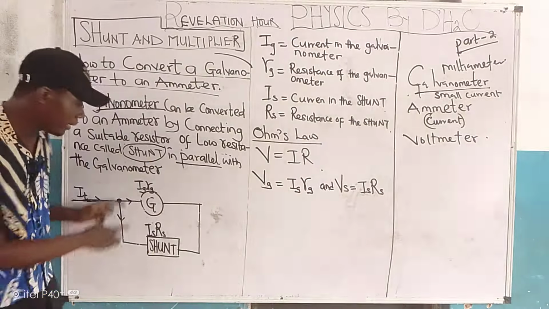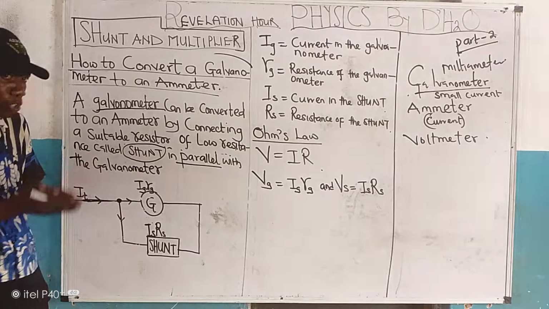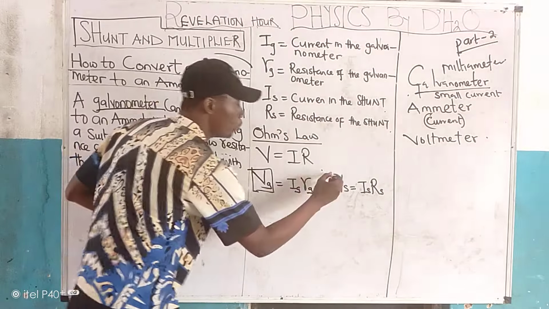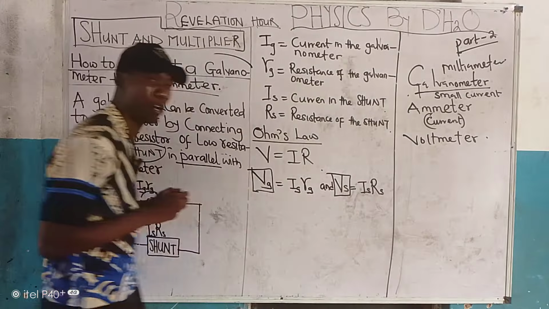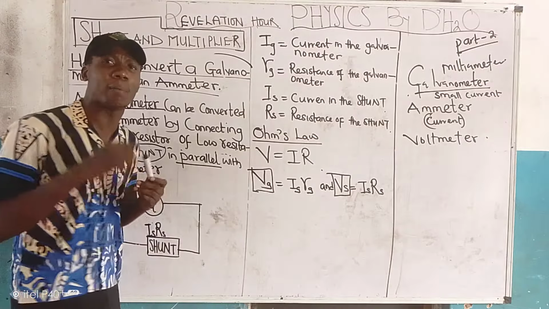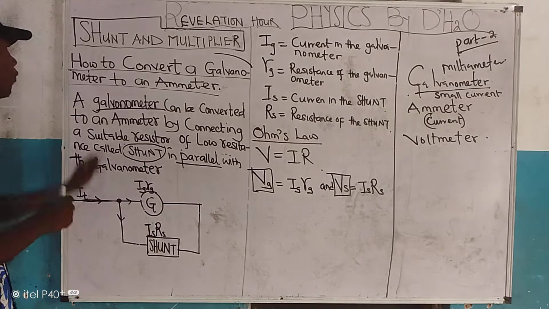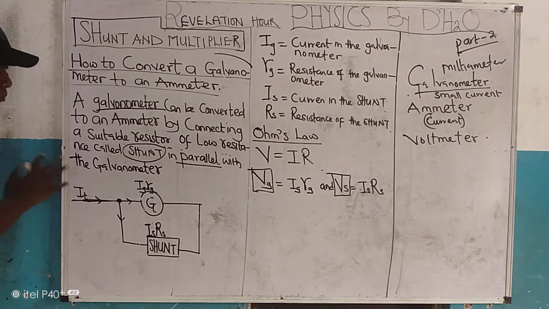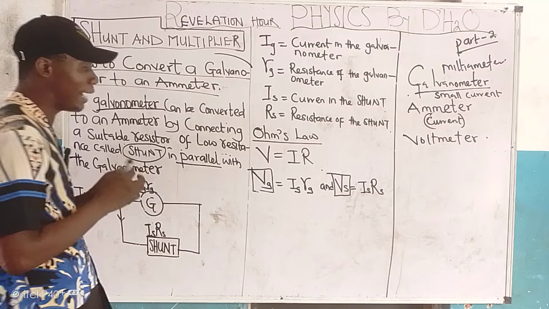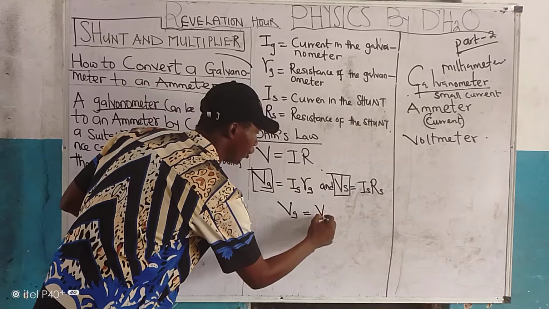Now remember that the connection here is parallel, and if two circuit elements are connected in parallel, the voltage across one is the same as the voltage across the other. Therefore, we can establish a very important formula that can help us solve problems involving the conversion of a galvanometer to an ammeter. The voltage in the galvanometer equals the voltage in the shunt.